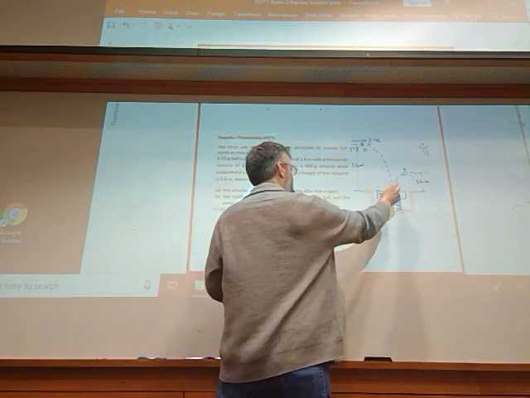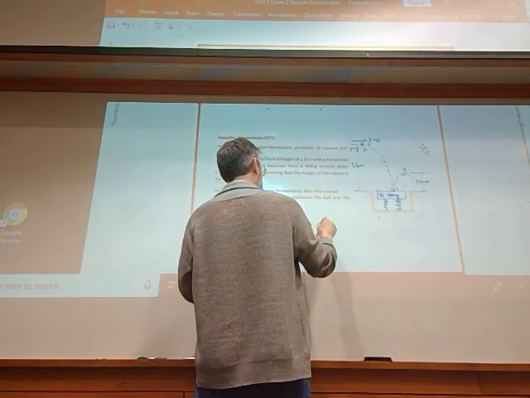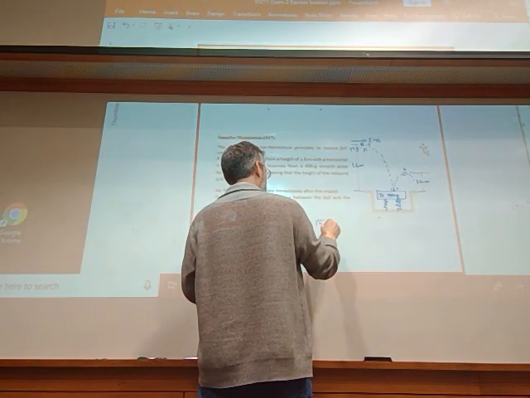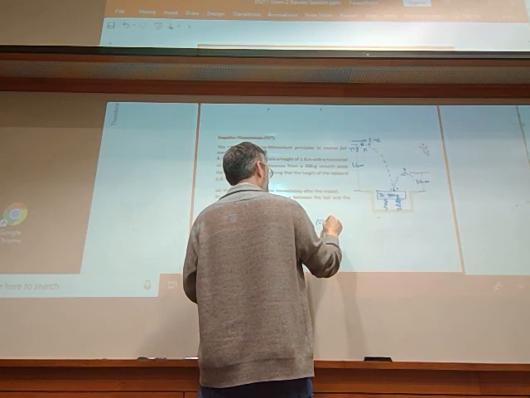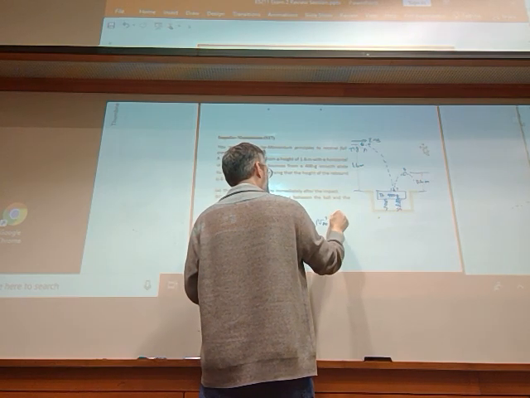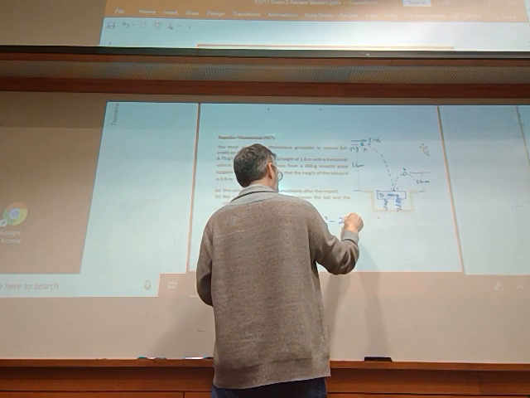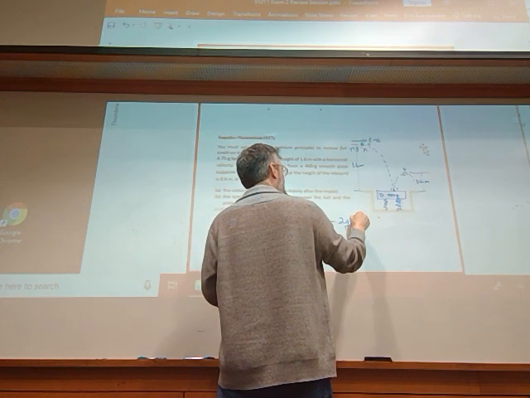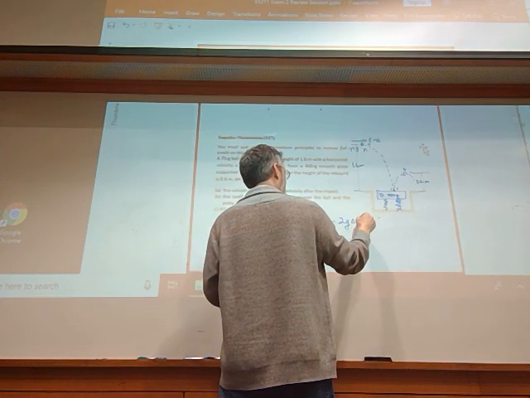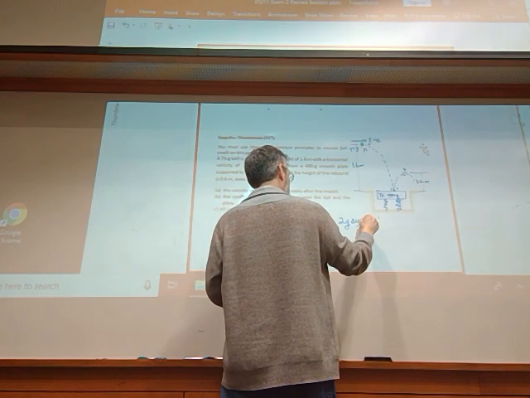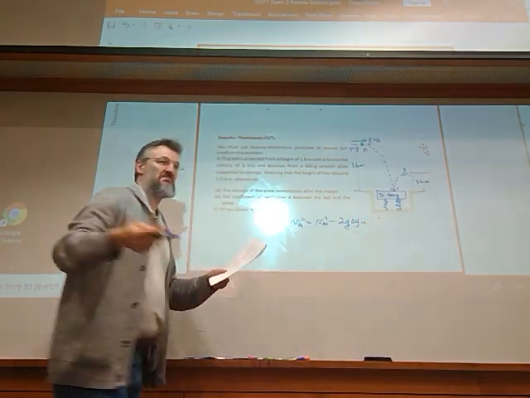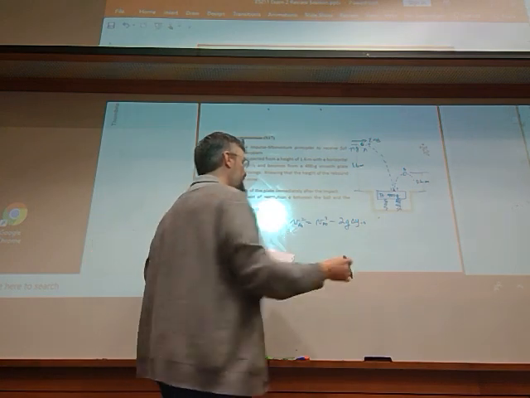VA1, one right here, is going to be equal to VA0 squared minus 2G, and then I guess we'll go delta Y from 1 to 2.